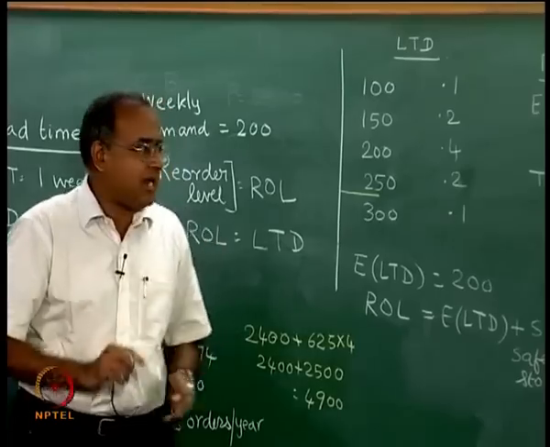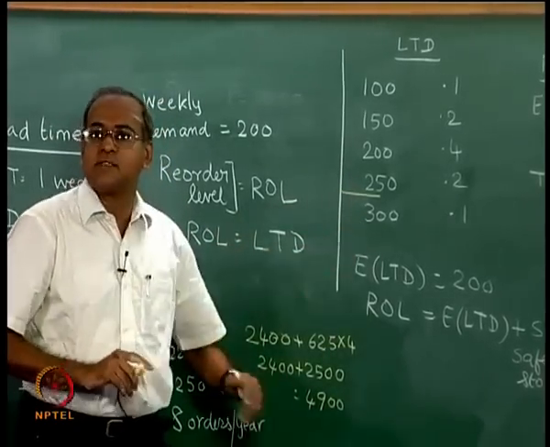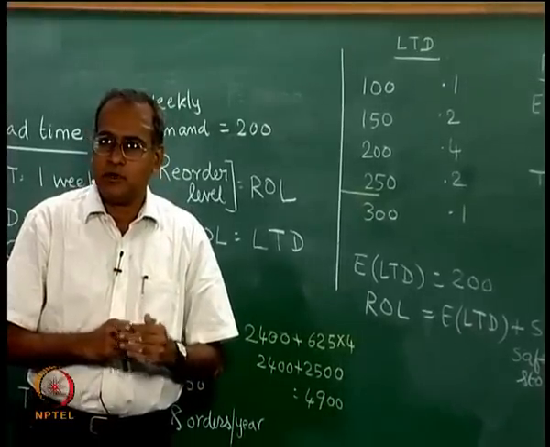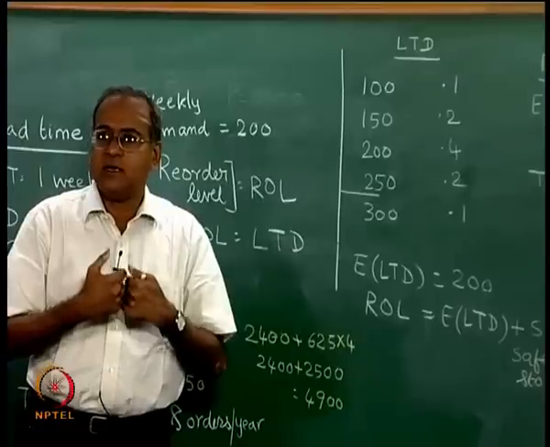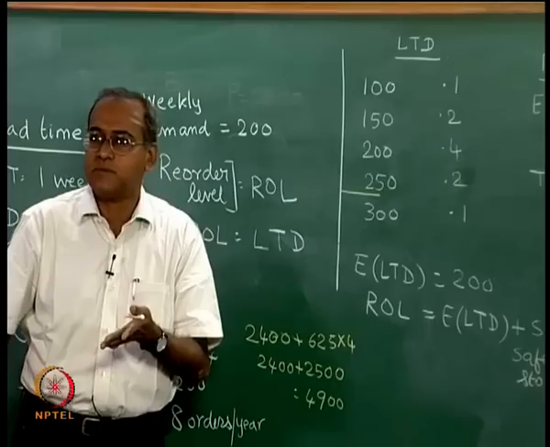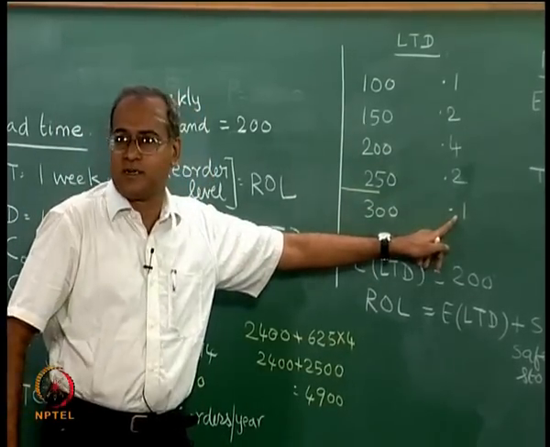So we will be able to meet 250 out of the 300, which is 5 by 6, which is 83.33% of the times we could meet, and that is going to happen 0.1 of the times.